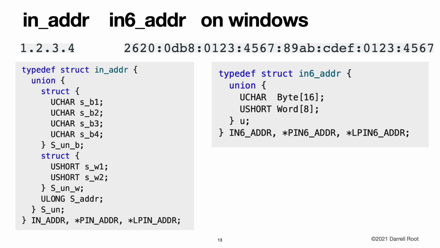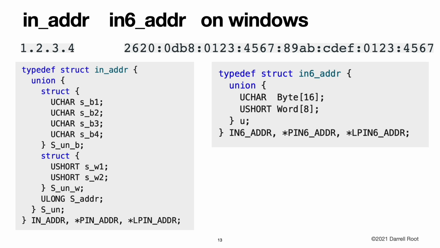We could access it with each of the 4 octets as an unsigned char, which is an 8-bit unsigned integer, or we can access it as a 32-bit unsigned integer, so just one unsigned integer for the whole address. It also has the option to access the IPv4 address in groups of 16 bits, but I don't think that's very useful.